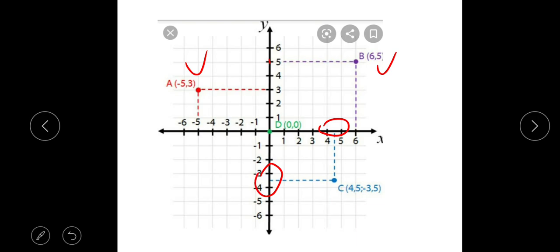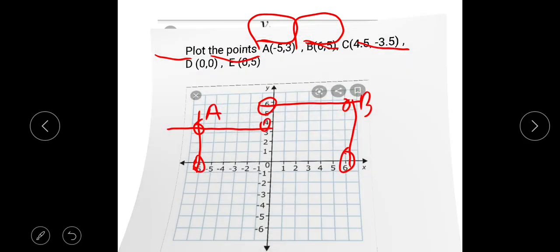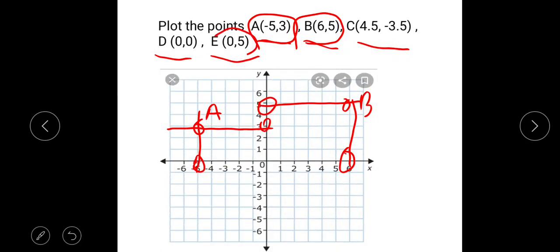The joining point is C. Then D in the question is the point given 0, 0: 0 on the x-axis and 0 on the y-axis. That actually is the origin. So what are the coordinates of the origin? The ordered pair 0, 0. Okay. So there is one more question we have, that is E (0, 5).